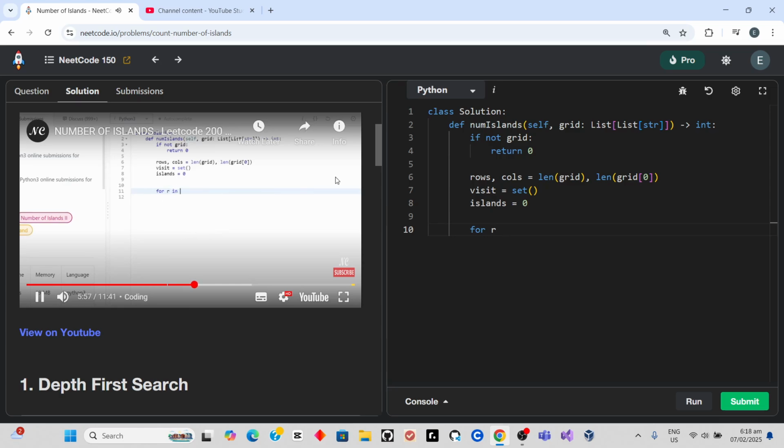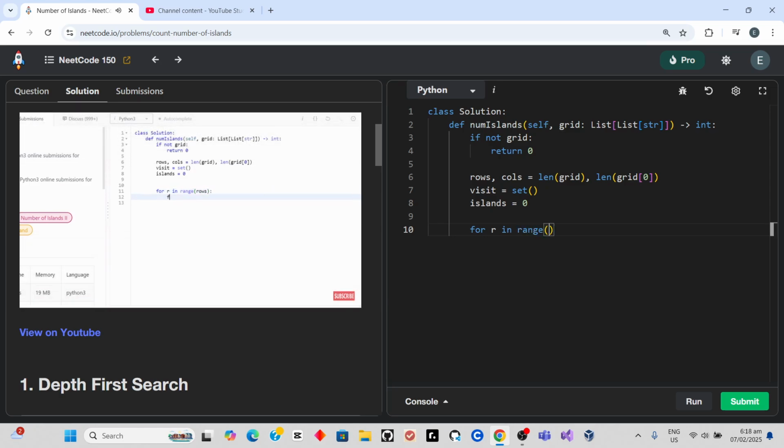So R is going to go through every single row. C is going to go through every single column. If we visit a 0, we don't have to do anything, right? But if we visit a 1, then we have to do something. Then we have to traverse it and mark it visited.